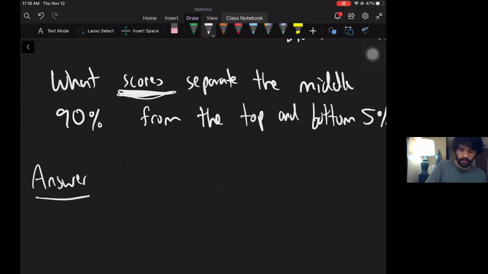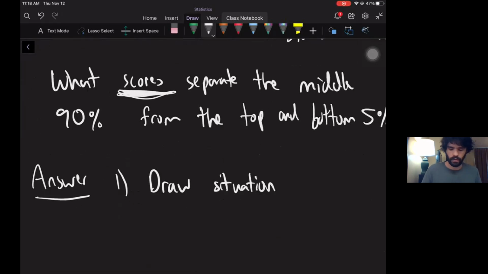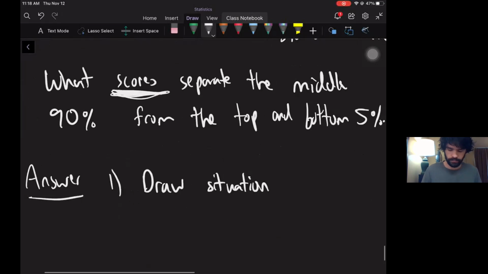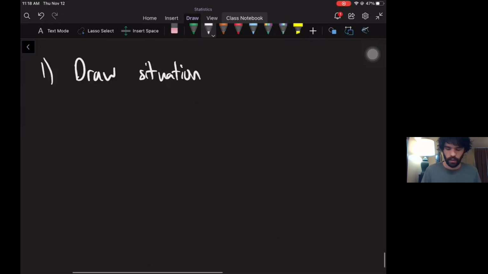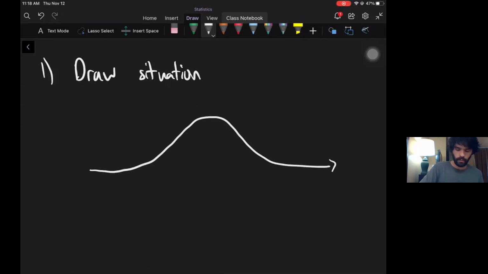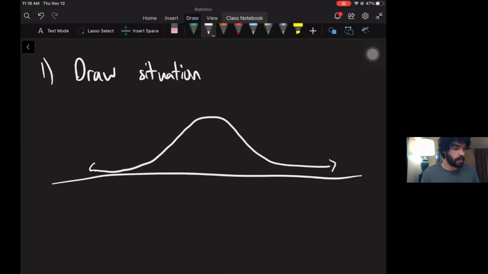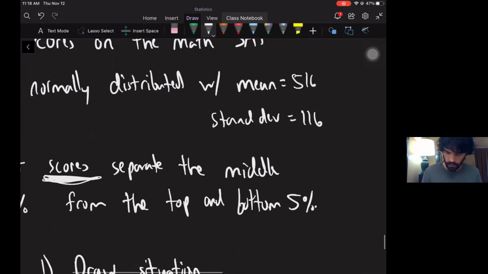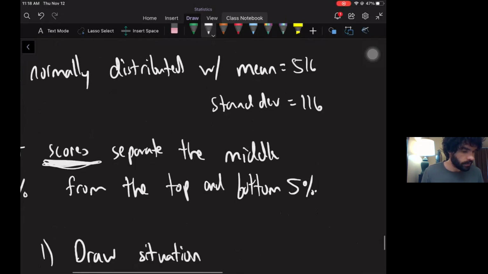But once again, the best way to go about this is to draw the situation to help us visualize what's going on. So let's do that. What's going on is we have this bell curve with the mean as 510 and the standard deviation is 116.